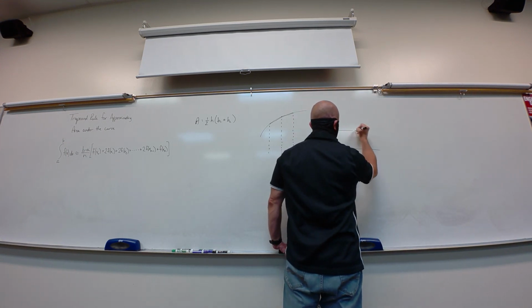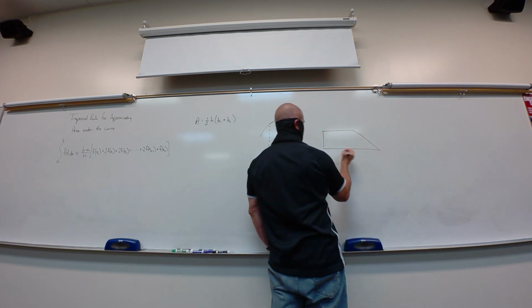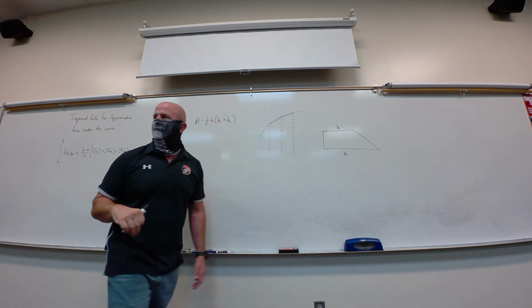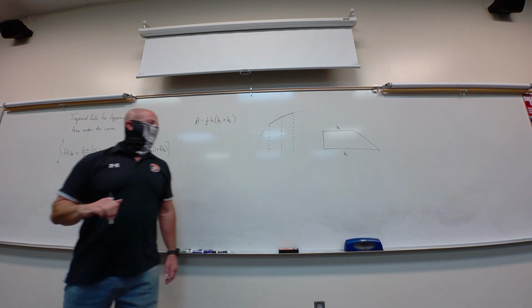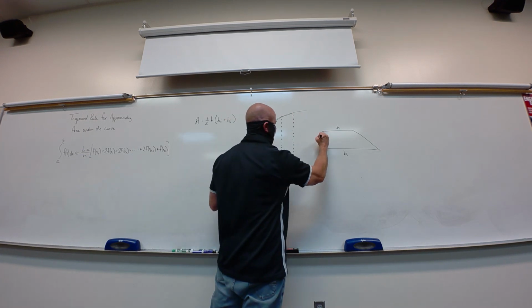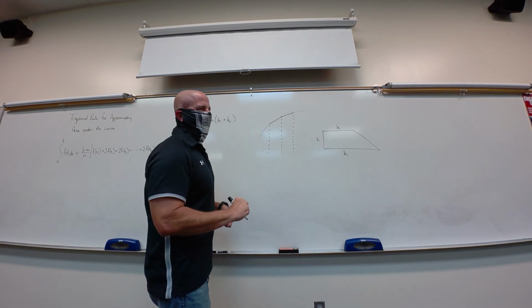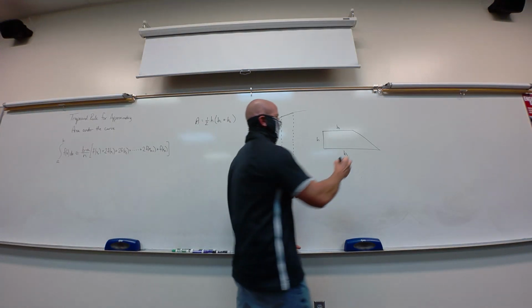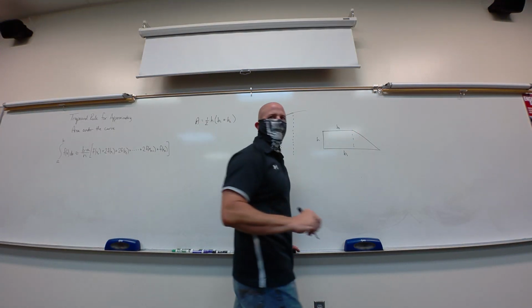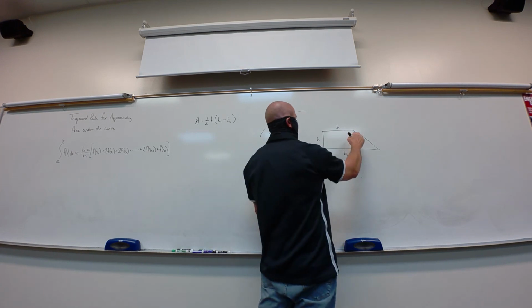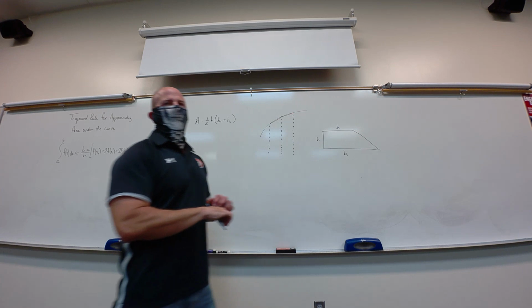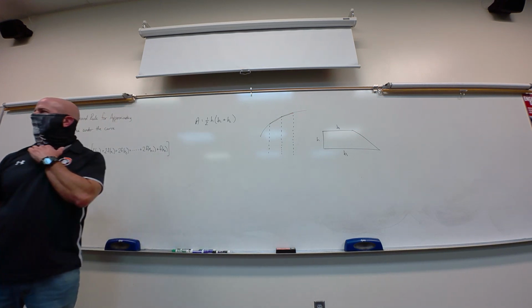So your bases are the parallel pieces. It doesn't matter which one's b1, which one's b2. They were the two bases. Okay. Your height's over here on the end, how tall it was. If you had it angling two ways like I had in the previous one, then you could draw the height off of here. That's the same height. Okay, it's not going to matter. Right? That would still be the height of this trapezoid. And if we had all those values, you could find the area.